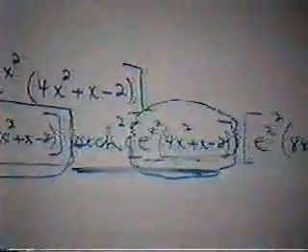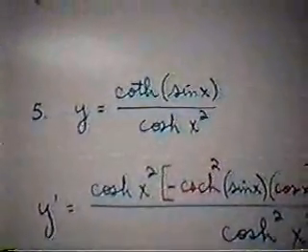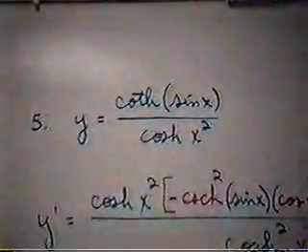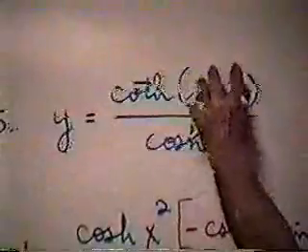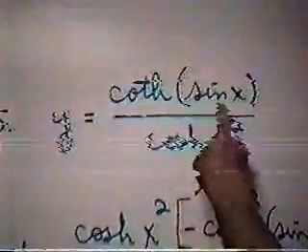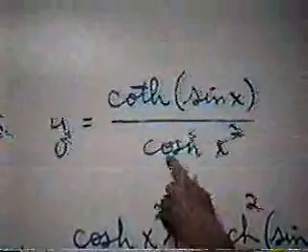All right, now let's look at example 5. Okay, we have y is equal to hyperbolic cotangent of some object. This object happens to be regular trig sine of x. Hyperbolic cotangent of some object over hyperbolic cosine of some object.